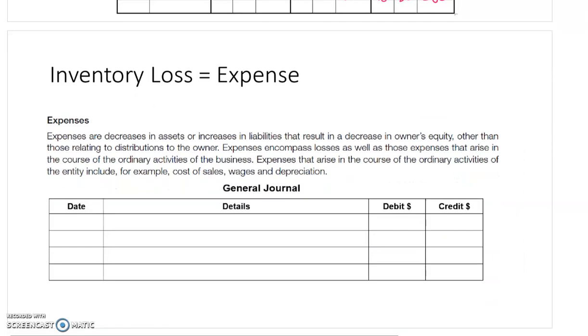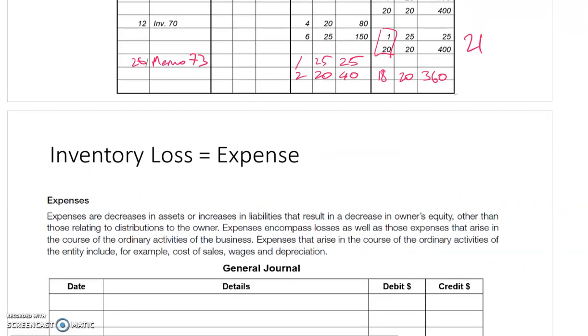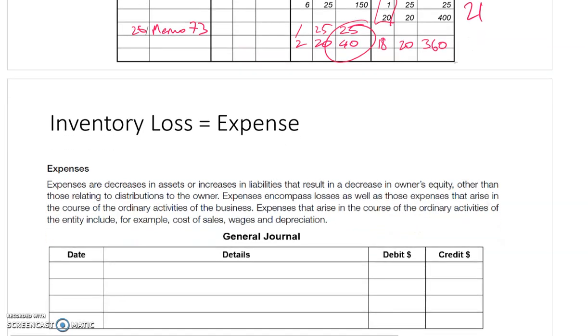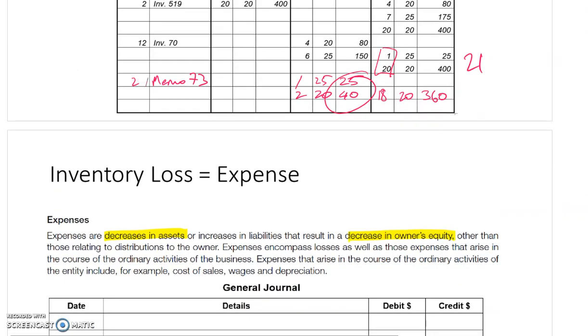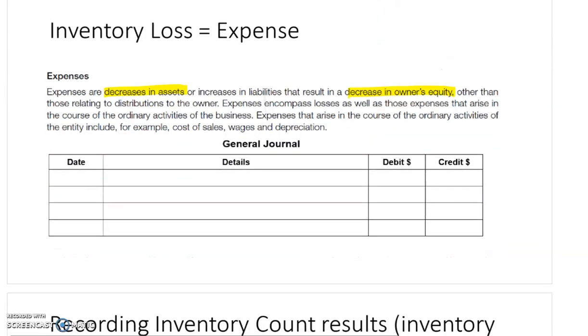So now we look at recording this transaction in our general journal. So again, we have to transfer dollar amounts into our general journal. So inventory loss is an expense. So we have a decrease in assets that will decrease owner's equity. So firstly, date the transaction, 28 Feb.